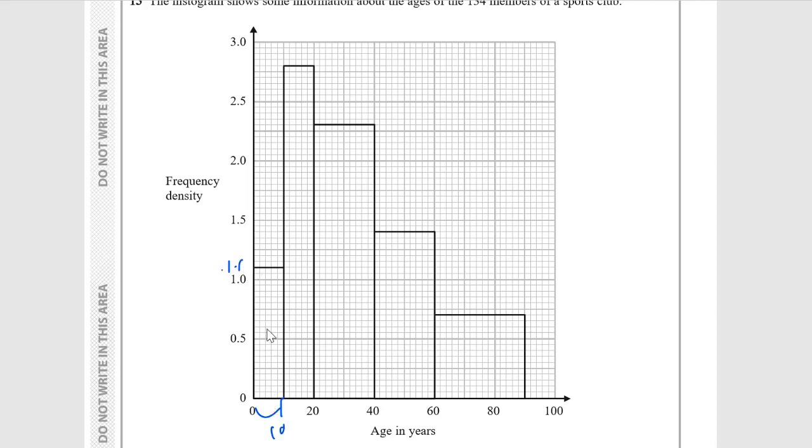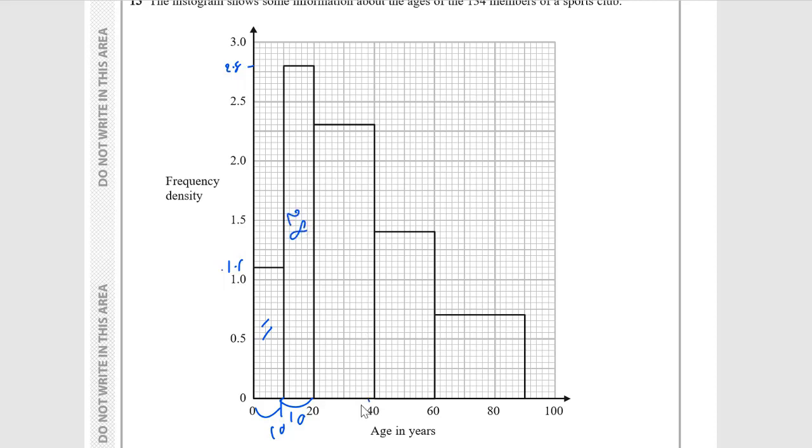So 1.1 times by 10 gives us 11. Here it's 10. So 10 times, and here we see again, we've got 2.7, 2.8. So that's 2.8. So that's going to give us 28.